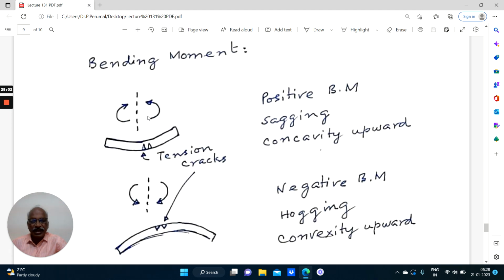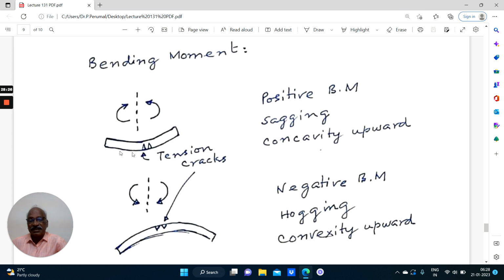Coming to bending moment. Left of the section, left clockwise is positive. Right anti-clockwise is positive. So this is positive bending moment. It is otherwise called a sagging bending moment.